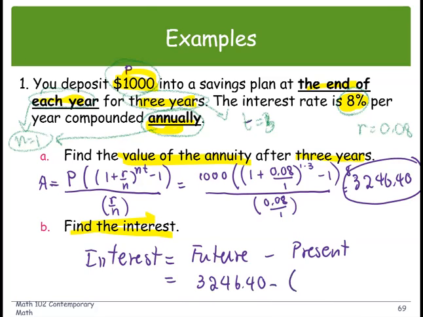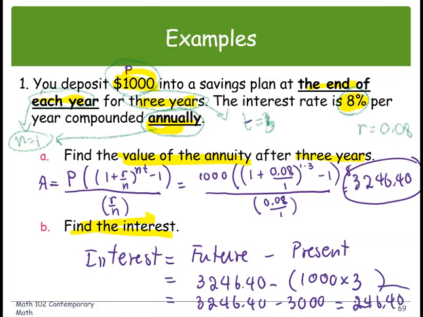The present value would be the total deposit that you put in over 3 years. Each year you put $1,000 and then multiply by 3 because you do it for 3 years. That's 3246.40 minus 3,000, and it comes up to be 246 and 40 cents as the interest that you earn over 3 years.